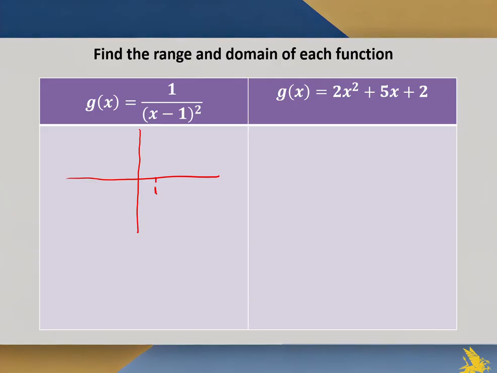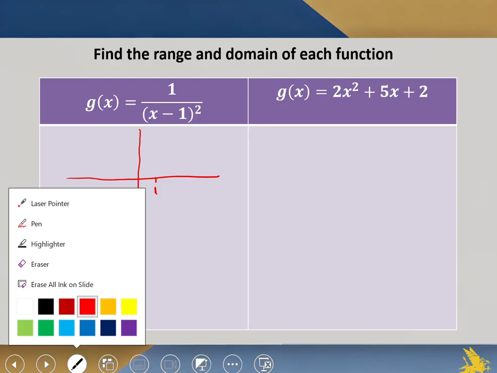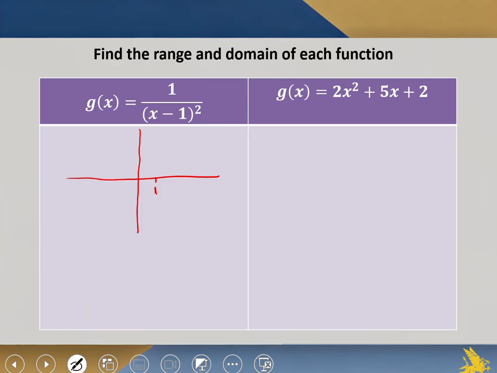Because 1 minus 1 is 0. So I'm just going to bring in one asymptote. Another asymptote I'm going to have is on the axis right here. So I'm not worried too much about that one. I've still labeled it in there.